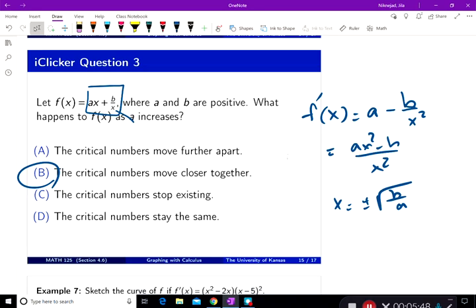Let's say you're designing a circuit or a mechanical device, and you want to figure out what values and what strength you have to put in. So there are a lot of parameters like a and b, and you want to calculate the derivative and so on, and figure out how your system works better. And this is why you see a lot of parameters in the functions here as well.